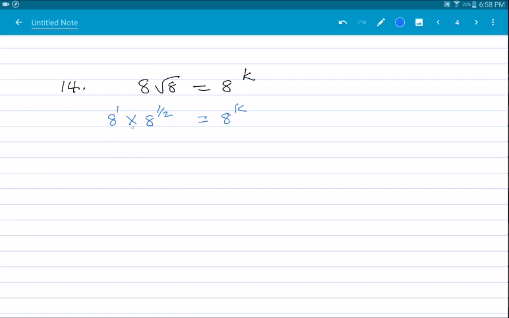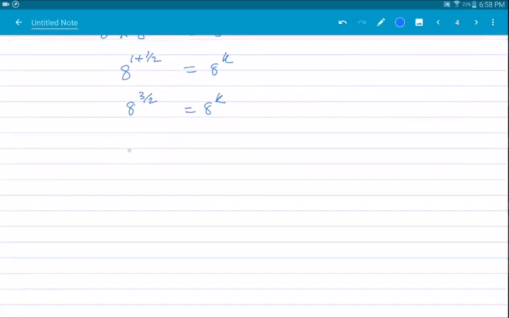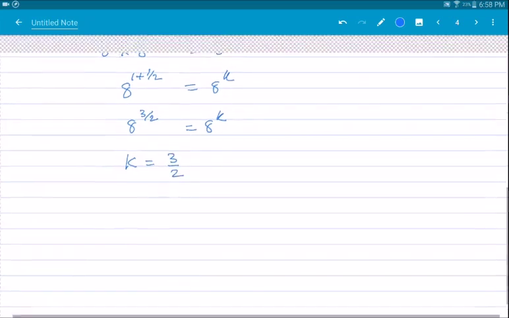So 8 to the 1 times 8 to the half is 8 to the 1 plus a half. So that's 8 to the 3 on 2, which is equal to 8 to the k. And so when we equate the indices, k is equal to 3 on 2.